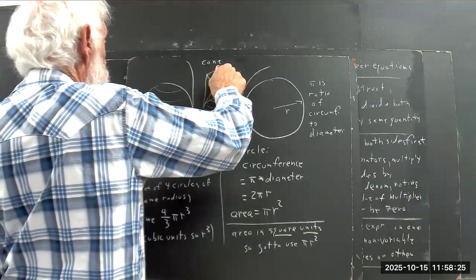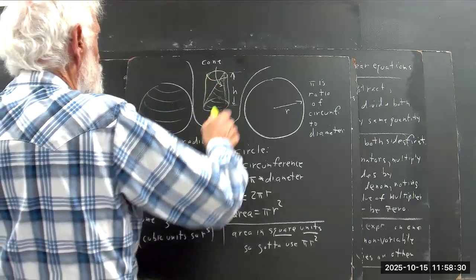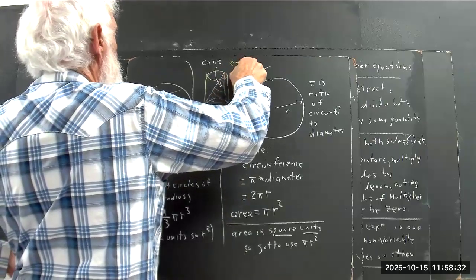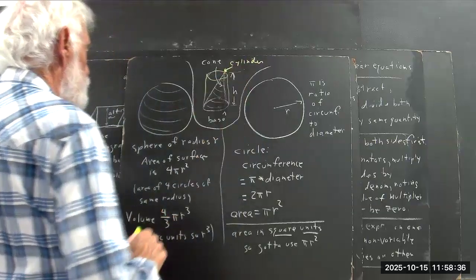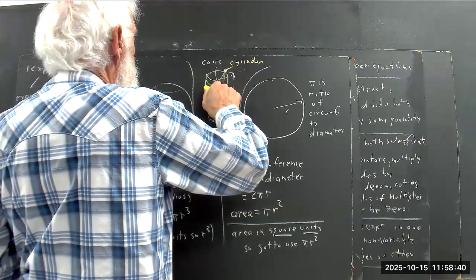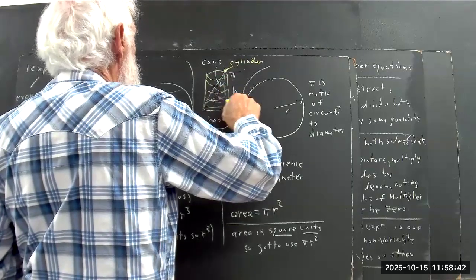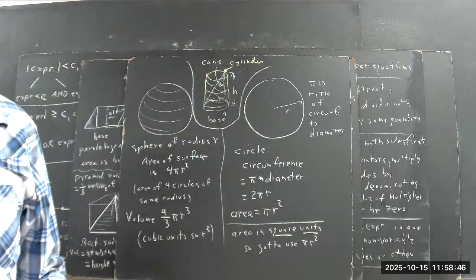We've got a cone here. And we got a cylinder. You can think of the cone being inside the cylinder, so I'm gonna shade the cylinder and see the cone's kind of caught inside that cylinder now, right?